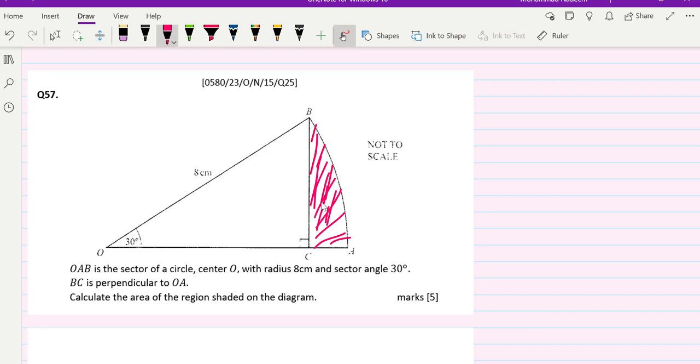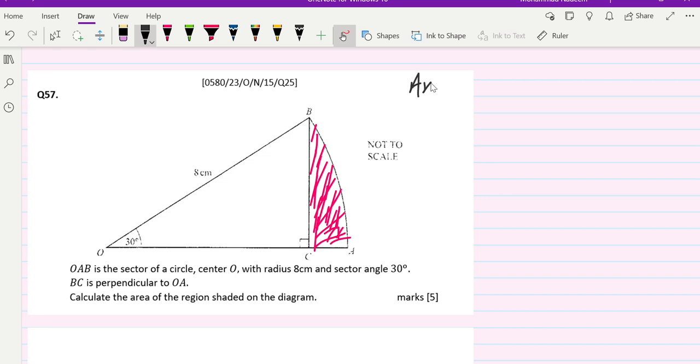Okay. Whenever the question related to shaded region is given, the theme is that you are supposed to work out the total area of the shape and then subtract the area of the unshaded part from that figure. So the total shape, the total area, that shape is a sector. Okay.